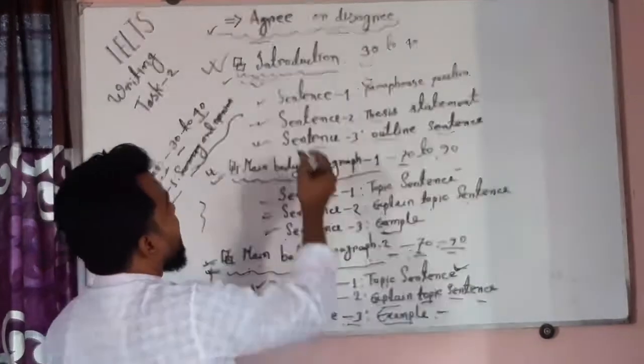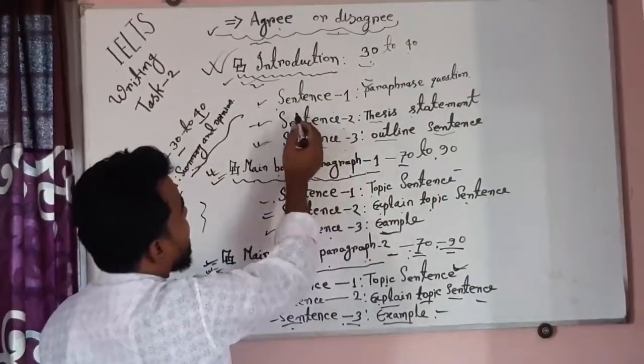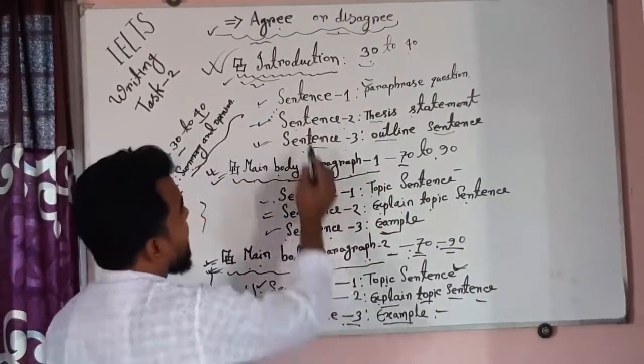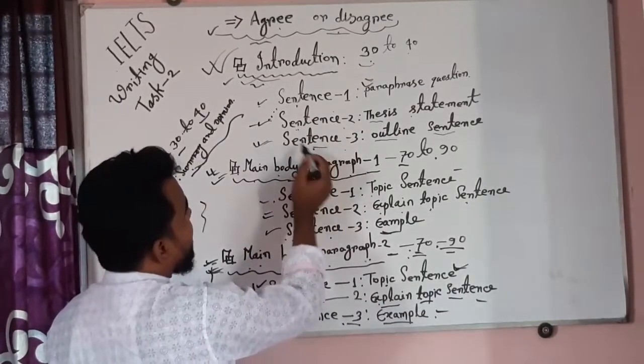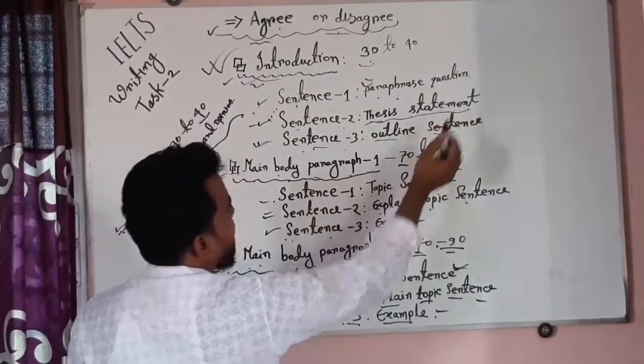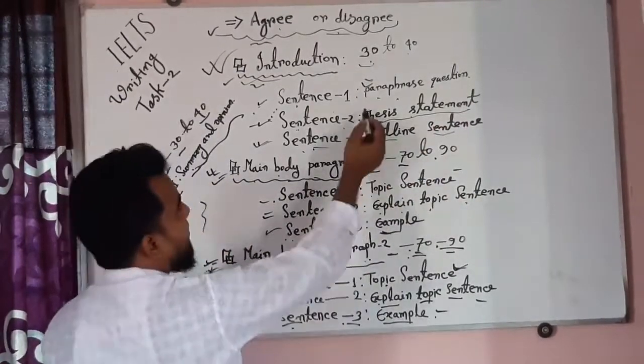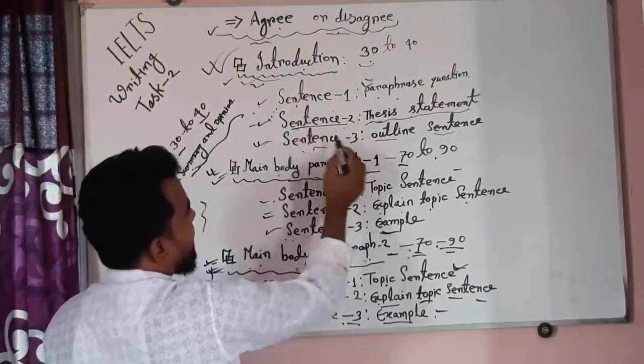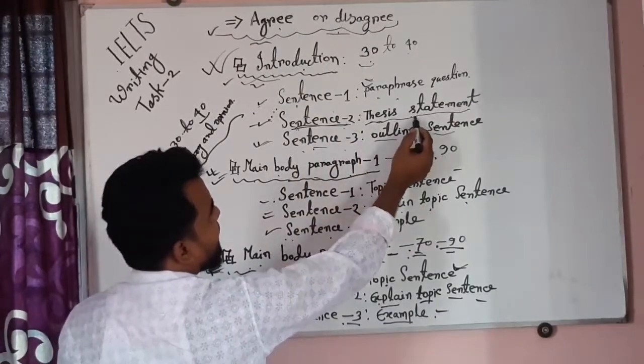So the introduction is divided into 3 categories: sentence 1, sentence 2 and sentence 3. Here we have the paraphrased question and the thesis statement. Just remember that sentence 2 of the introduction is the thesis statement.